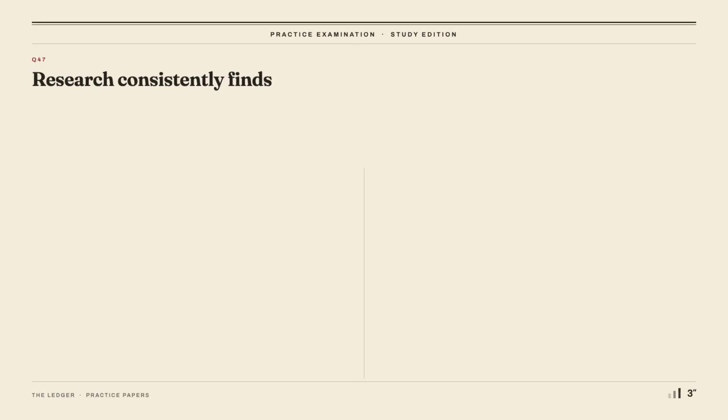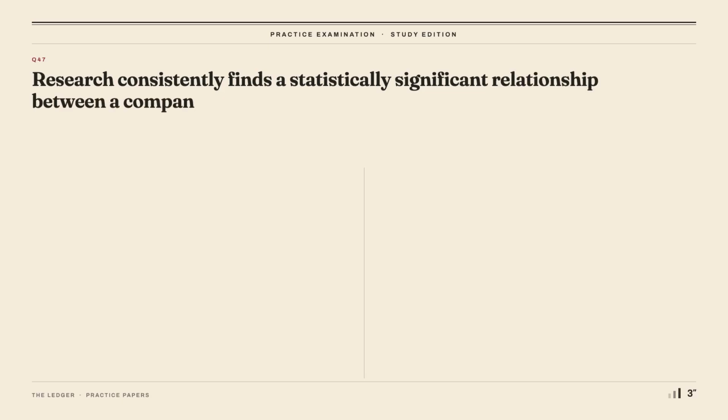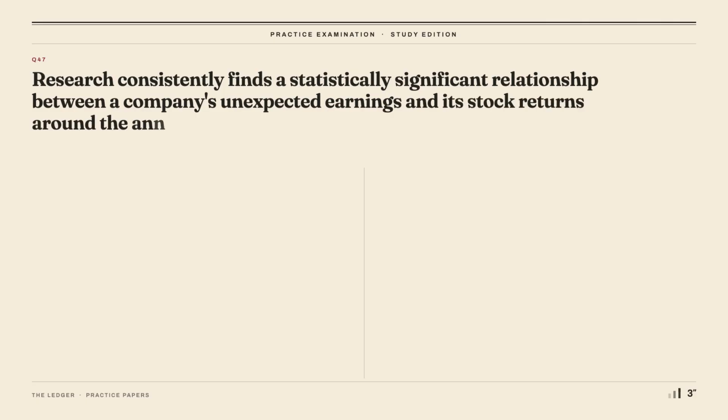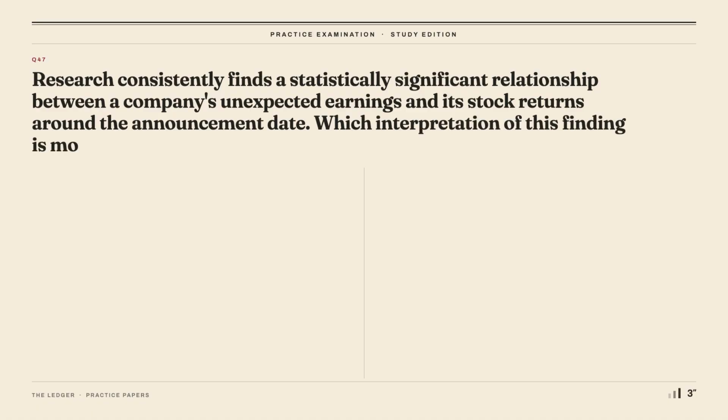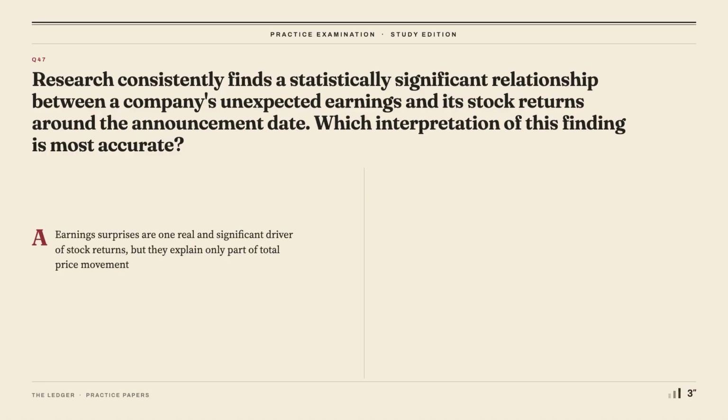Question 47. Research consistently finds a statistically significant relationship between a company's unexpected earnings and its stock returns around the announcement date. Which interpretation of this finding is most accurate? Your options are: A. Earnings surprises are one real and significant driver of stock returns, but they explain only part of total price movement.